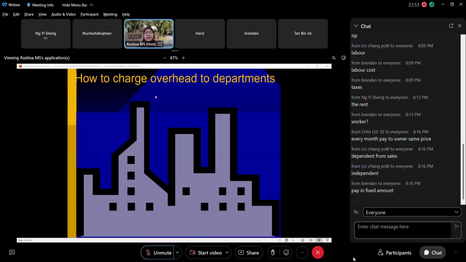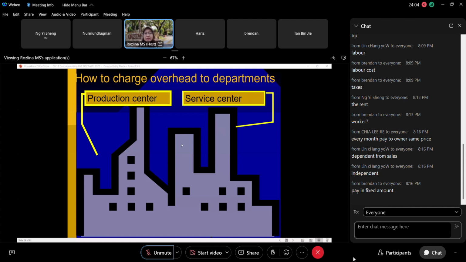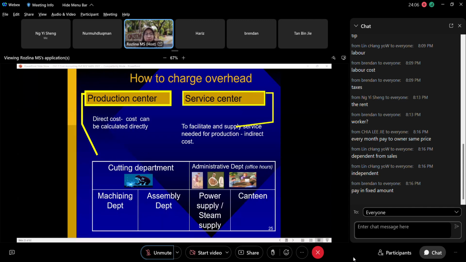How to charge overhead to departments. We have two parts. First is production center, and the second is service center. What is the production center? Let's say in a building, we have production centers such as cutting department, machining, assembly. These are all production centers. Service centers are such as administrative department, canteen, power supply, steam supply and so on.